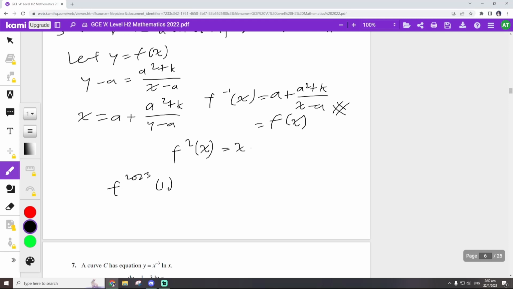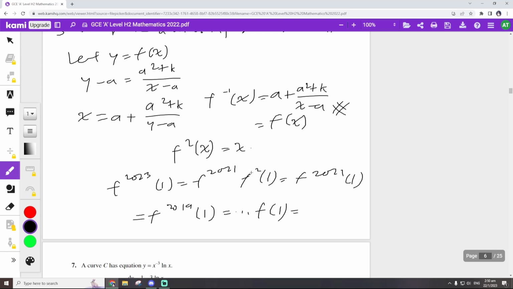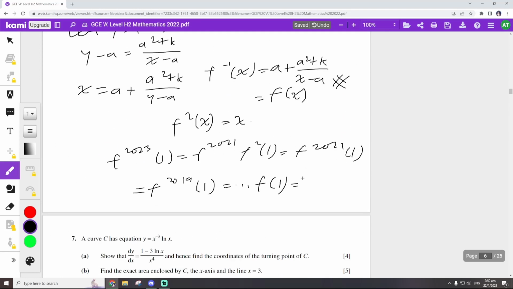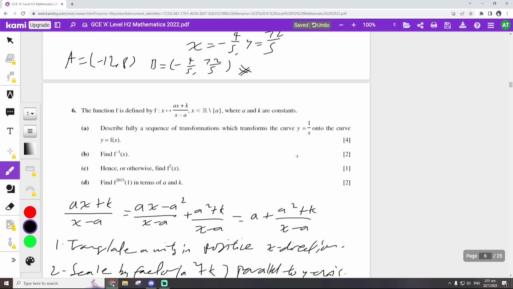Well, this is f 2021 of f squared of 1, which is f 2021 of 1, which for the same reason as f 2019 of 1, until you eventually get just f of 1, which is, well, let's simplify it, (a + k) over (1 - a), provided a is not 1. Okay, yeah.